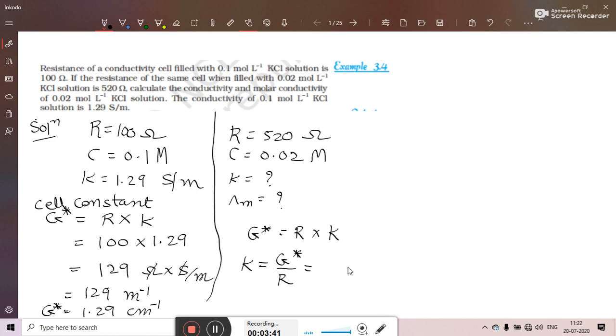Now G star is 1.29 centimeter inverse, and in the denominator R is 520 ohm.